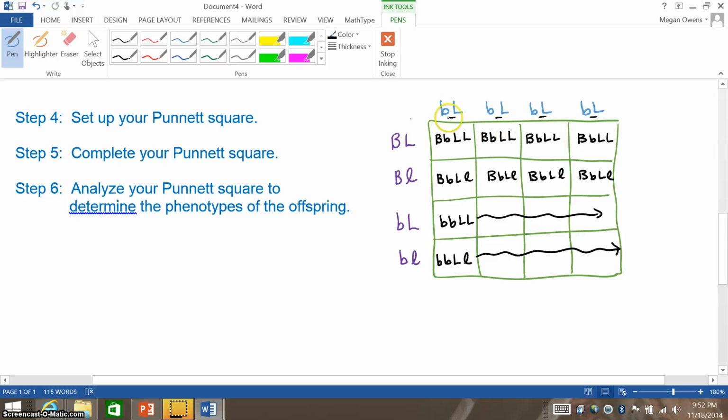As you can see, you always group together the like letters. The B's are paired up and then the L's, so you can make it easier to determine the genotypes. Because ultimately that is what the problem asks you to do, determine the phenotypes of the offspring. So you know there's 4 possible phenotypes. They could have both dominant traits and be black and long-haired.